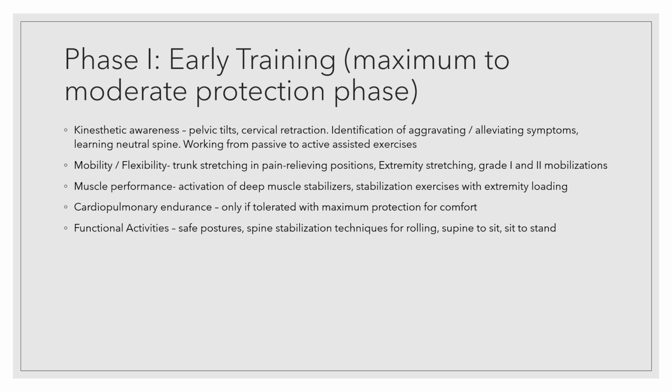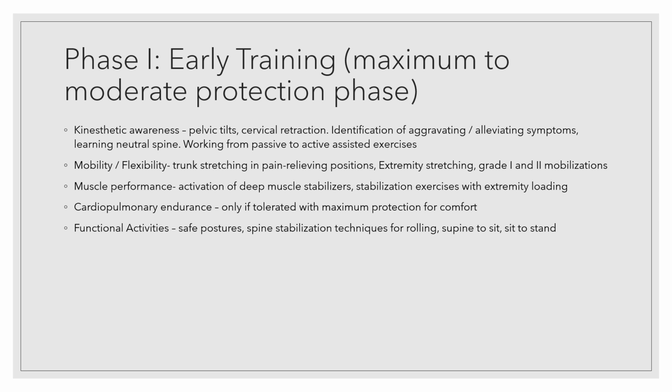It will help us also identify aggravating and alleviating symptoms, and again, carry over for that education on what a neutral spine is to achieve that through their day-to-day life. And we're going to work from passive to active assistive exercises so that the patient's really able to understand what neutral is, and it's just a big awareness piece.